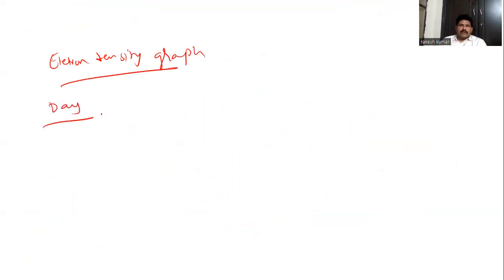Now I'm going to draw the electron density graph. During daytime, how many layers will be there? Four layers. At night time, how many layers? Why?